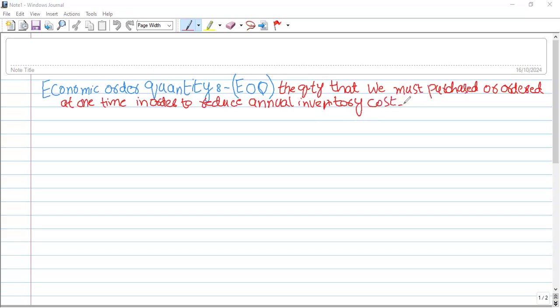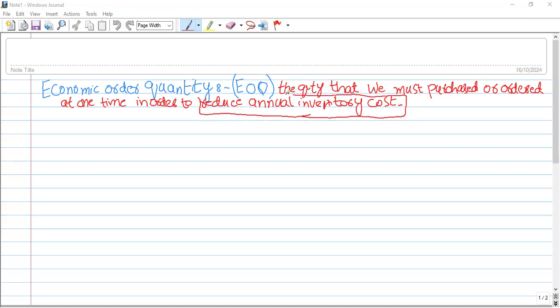We can purchase any quantity of the material from the supplier, but economic order quantity is a specific quantity, the quantity that we must purchase or order at one time in order to reduce annual inventory cost. The purpose of ordering this quantity is the reduction of annual inventory cost.